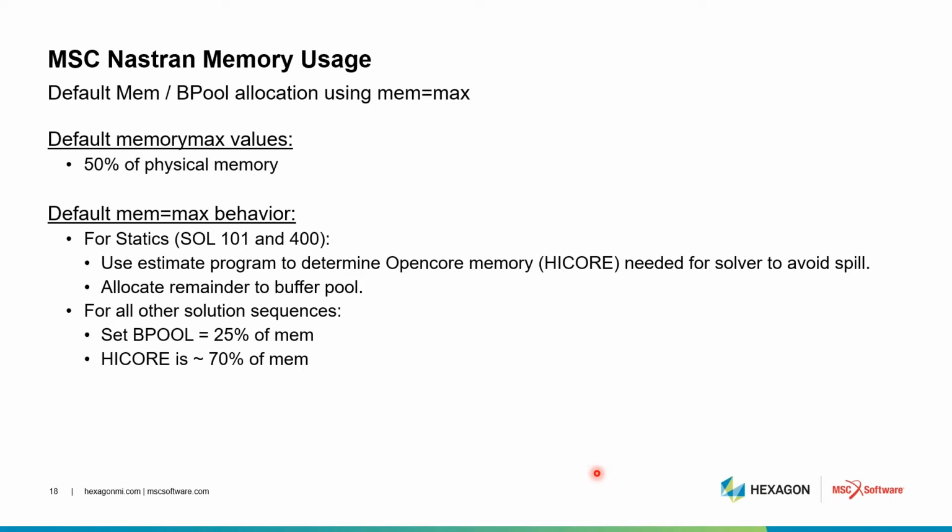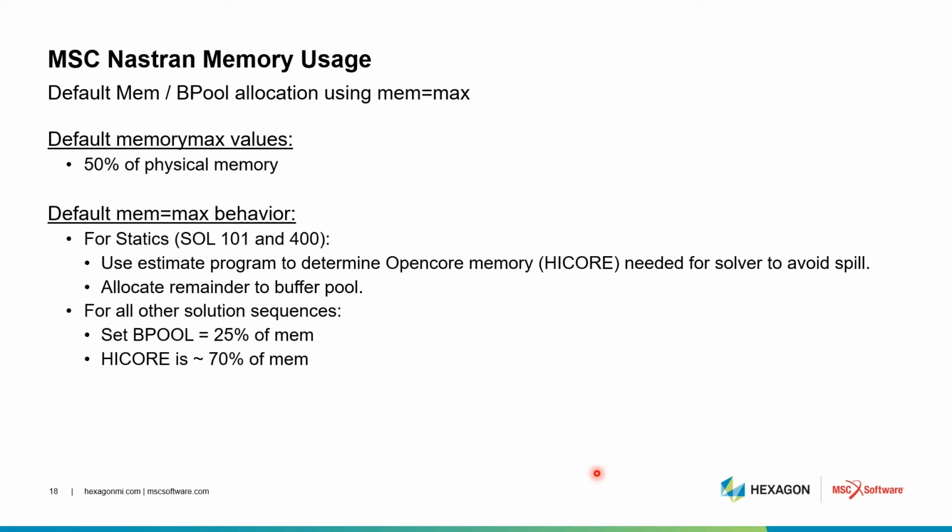For all other solution sequences, we set the buffer pool automatically to 25% of the memory, and high core is approximately 70% of the memory. These are the settings given automatically by Nastran.